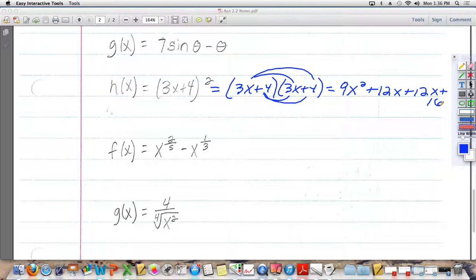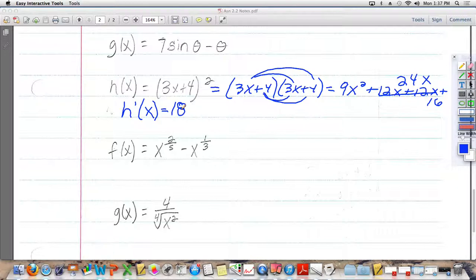So the derivative of this then is going to be not that bad. By the way, I should clean this up a little bit. 12x and 12x, of course, give you 24x. So what is the derivative of 9x squared? You multiply 2 times 9, you get 18.